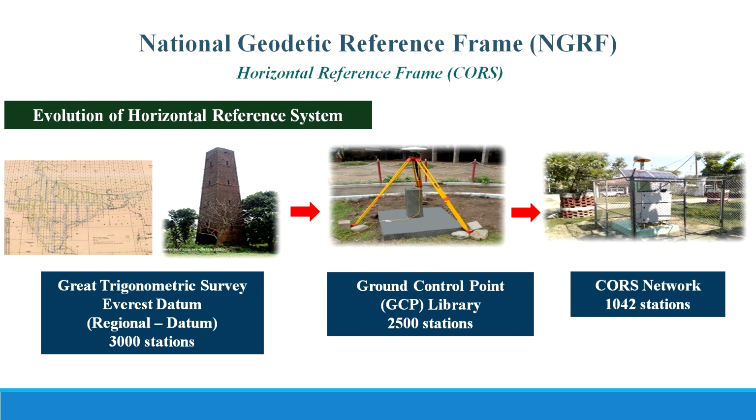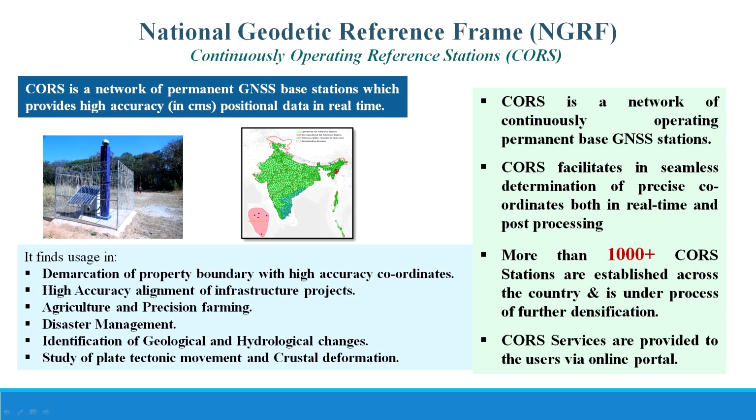Another important development for geospatial ecosystem development is geodetic infrastructure development. In India, a national geodetic reference framework has been developed, which has the horizontal reference frame measured from CORS, the continuously operating reference stations.